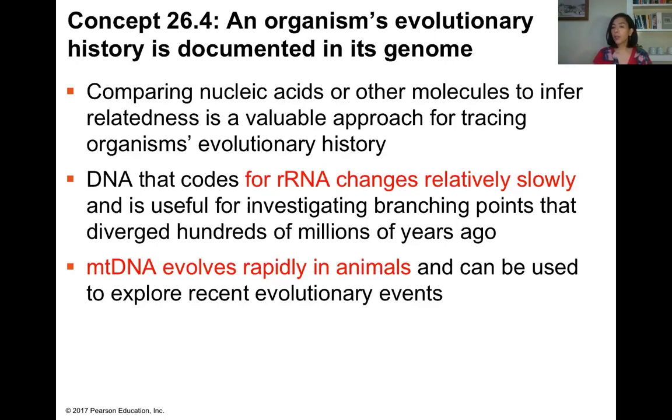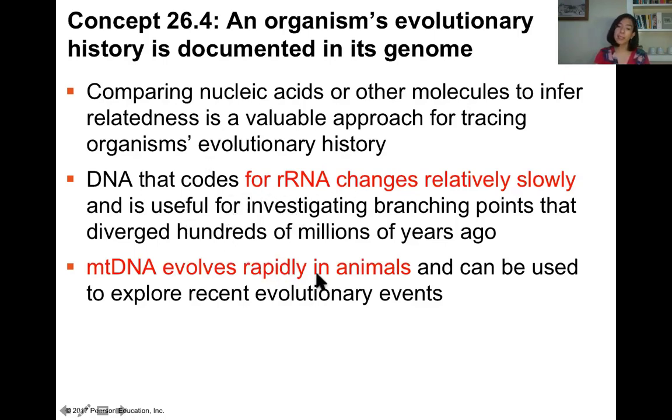But what if we want to zoom into a particular group, for example, a group of animals? Well, maybe we want to look into the mitochondria, because in mitochondria it evolves more rapidly, so we will be able to tell apart different species. Whereas maybe with ribosomal RNA, we won't have that type of resolution.